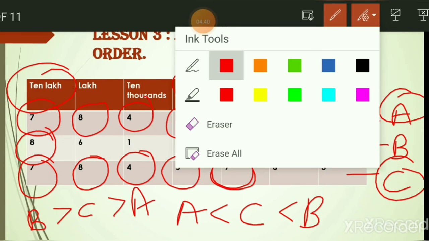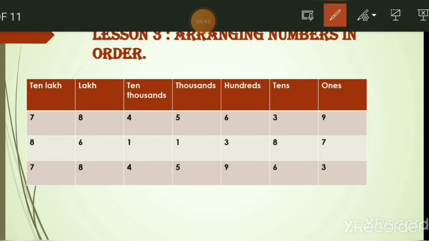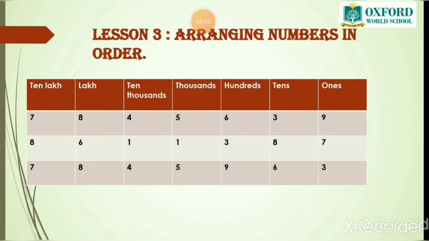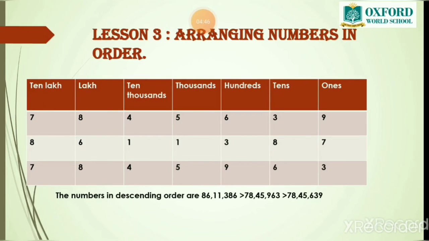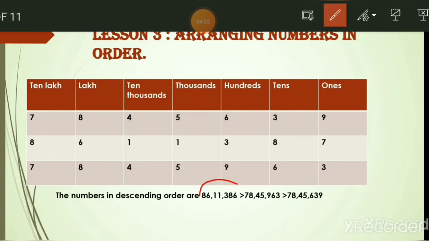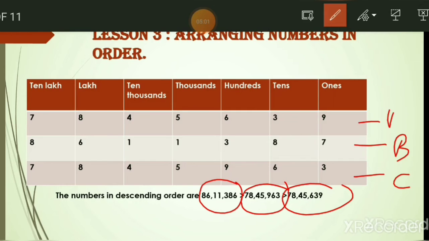So let's see the result. So the numbers in descending order is, first we have this number, that is B, then we have this number, that is C, and then we have this number, that is A.